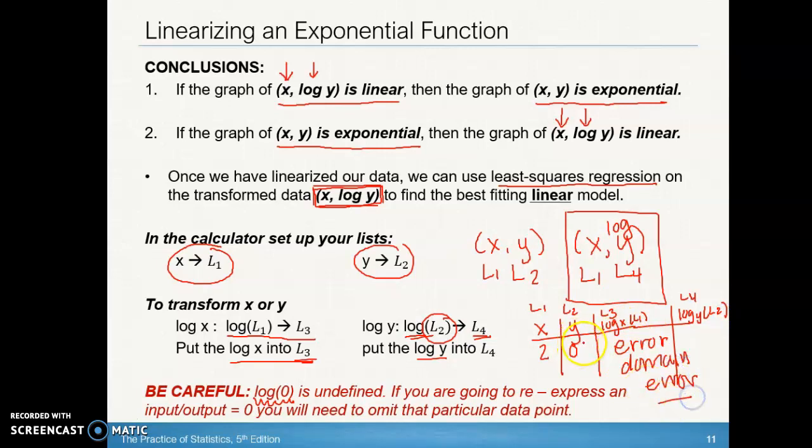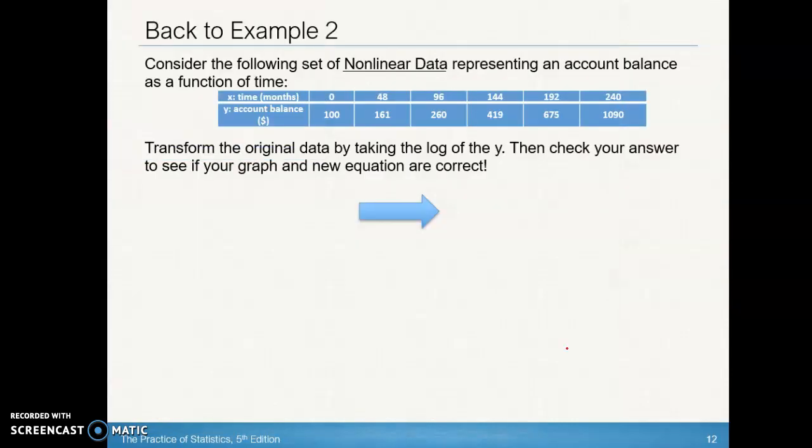The reason is we cannot take the log of 0, so it will not give you an answer here. So you would have to delete this entire row. Even though the 2 is okay, you have to delete it, because if not, you're going to get an invalid dimension error, which means your lists are not the same length.